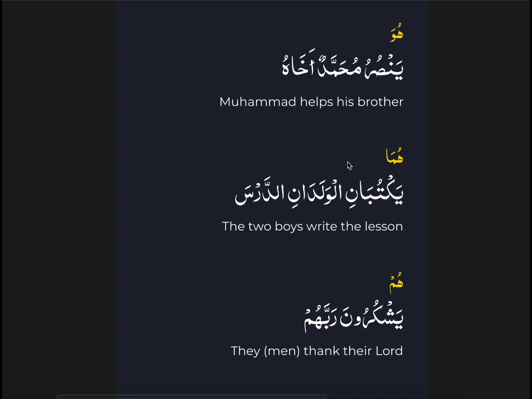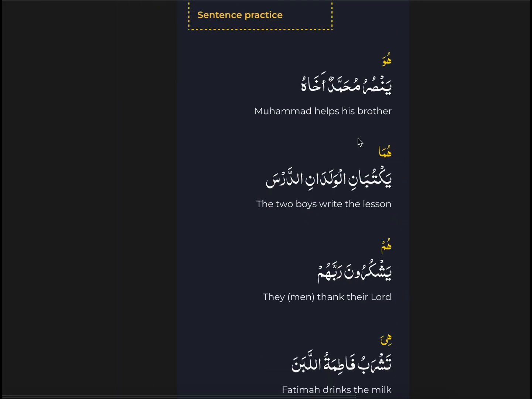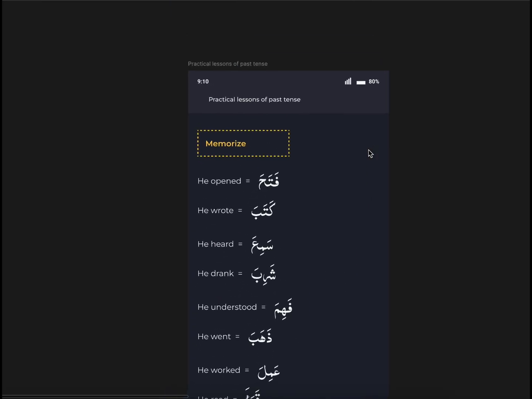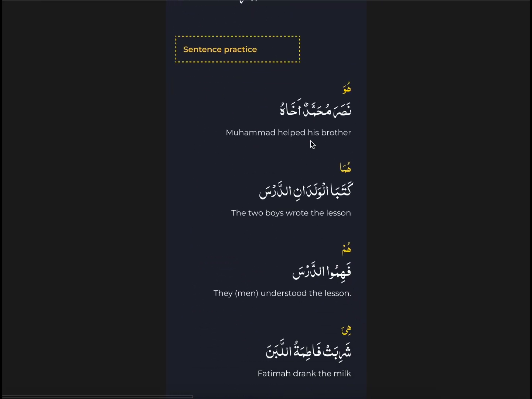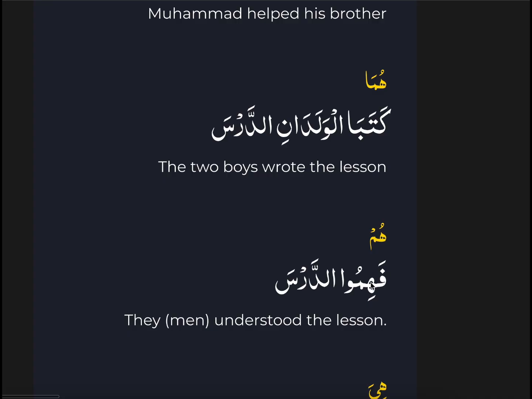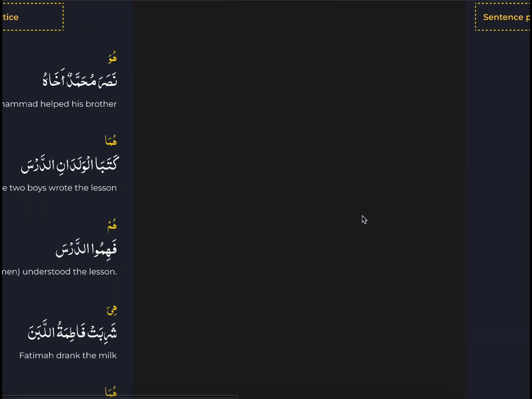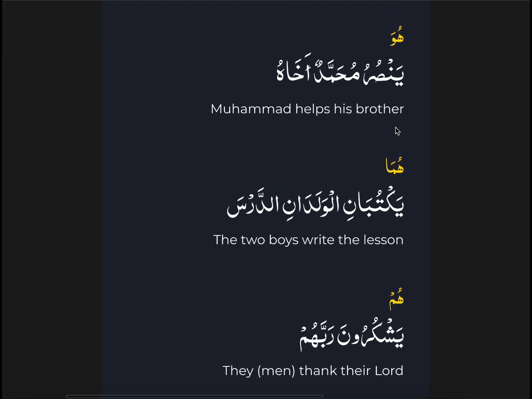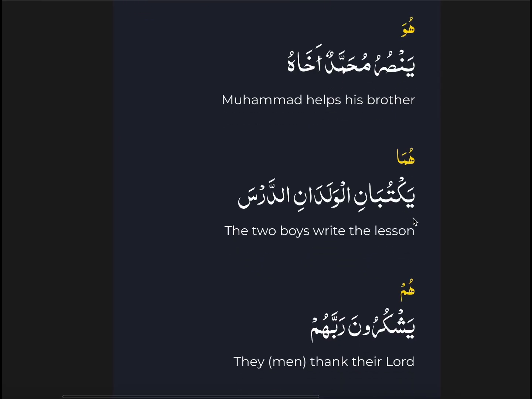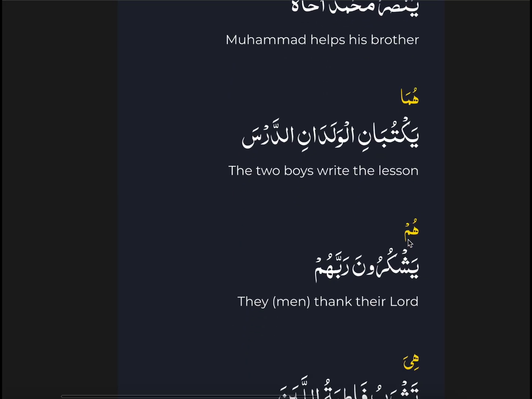Now if you notice these sentences, these are exactly what we have learned in the past tense examples. Remember the practical lessons of past tense? We have used these same examples in sentences, but we have only used the past version of the words like nasara or kataba or fahima. But when we are learning the present tense, instead of the past version, we are using the present version. Instead of nasara, we are using yansuru. Instead of kataba, we are using yaktubani. Just the present versions.